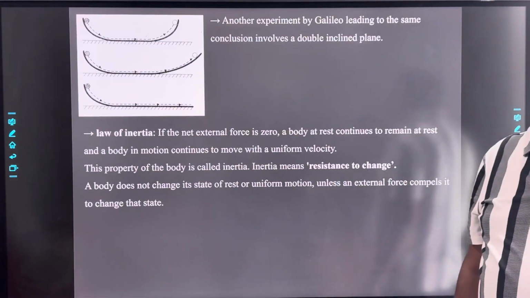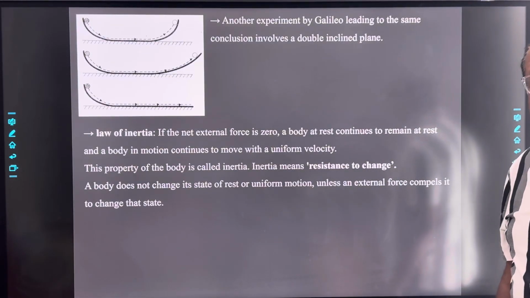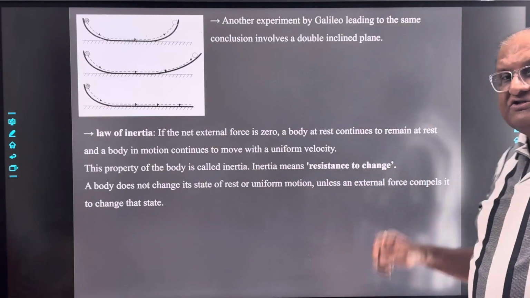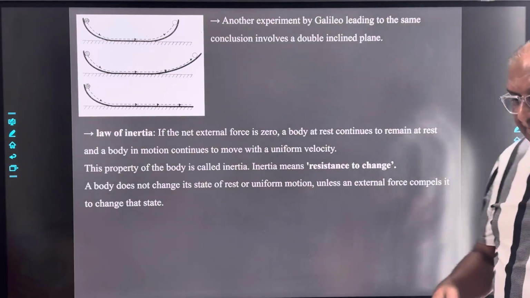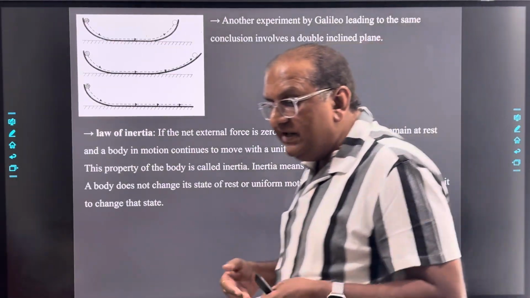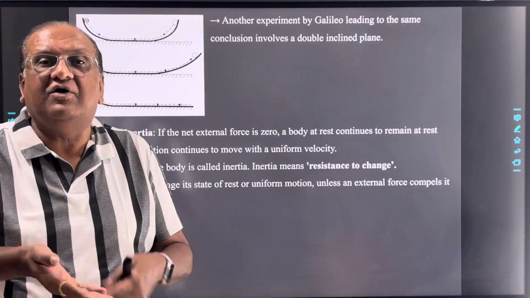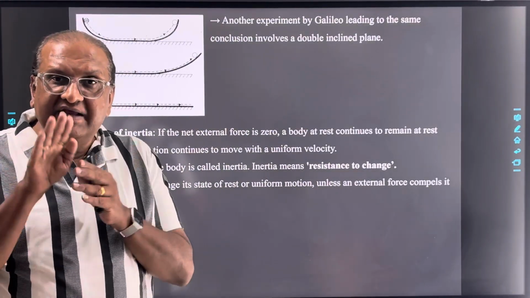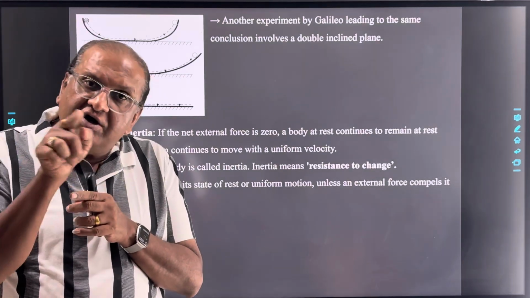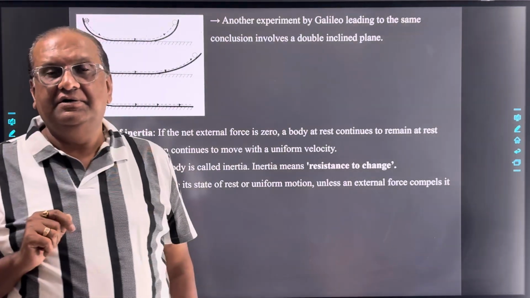Or we can say inertia is nothing but the resistance to change. It implies that the body itself opposes any type of change in its state of motion. If the body is steady, then it wants to remain in the steady state.